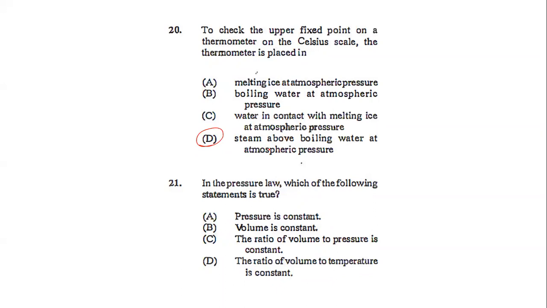However, the steam that comes out of boiling water is going to be at 100 degrees Celsius. So that is why it is preferred that in this experiment, and if you check your textbooks back, you will see that to find the upper fixed point, we place it in steam above the boiling water.